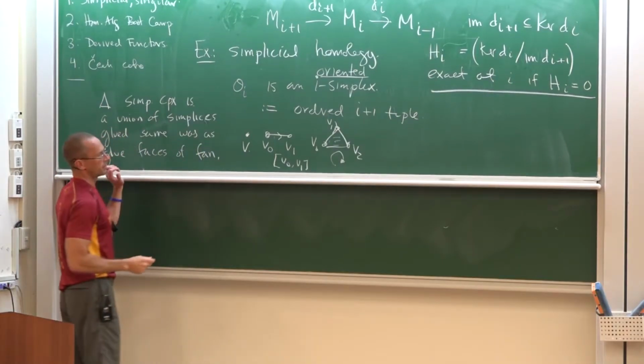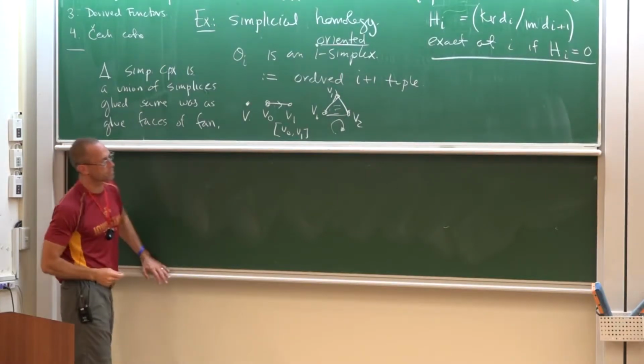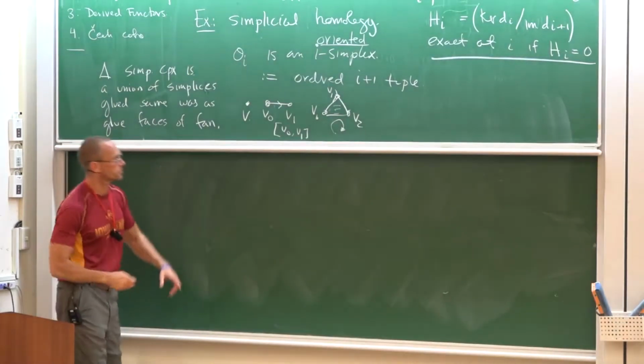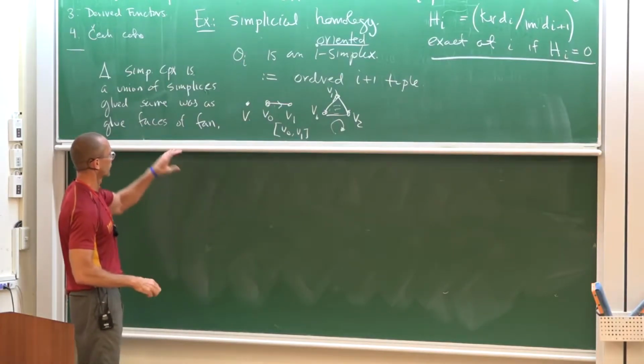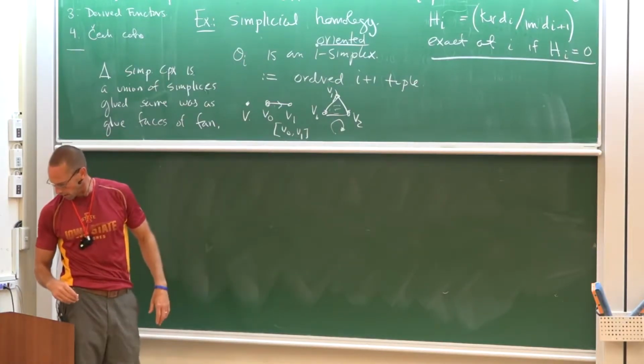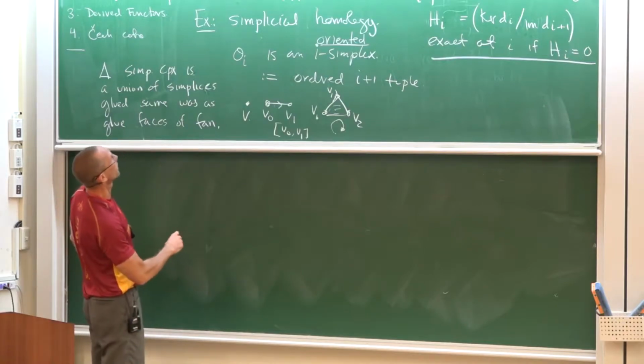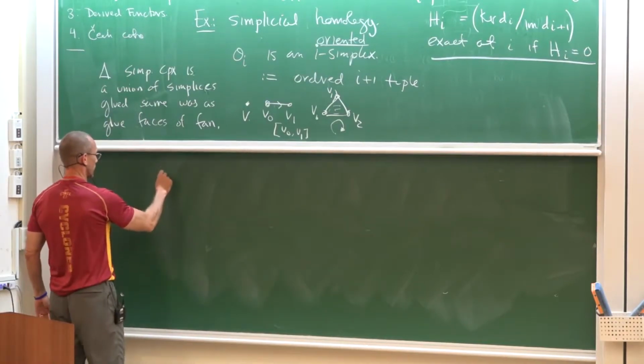In other words, if I have a face of a simplex that's part of my simplicial complex, two simplices meet along a face of both of them and so on. So that's pretty straightforward.